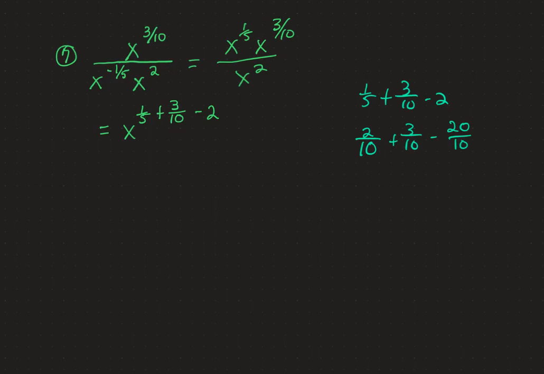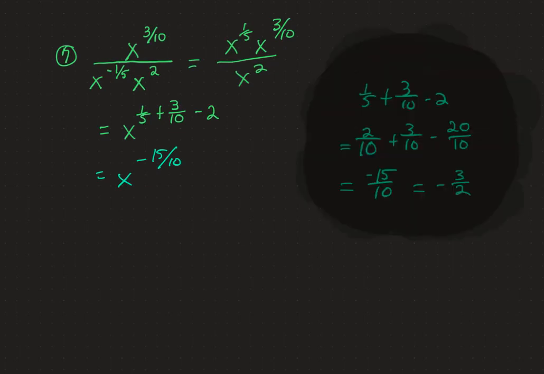So 5 minus 20, negative 15/10 is what we get when we add up all those numbers. But that is equal to negative 3/2. And that's the same thing as 1/x to the 3/2.